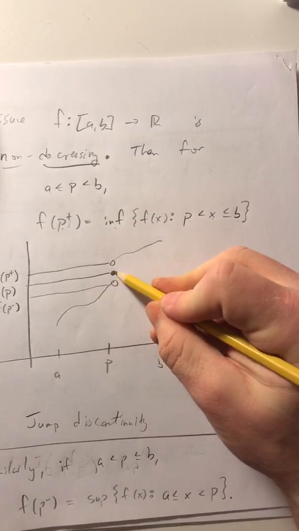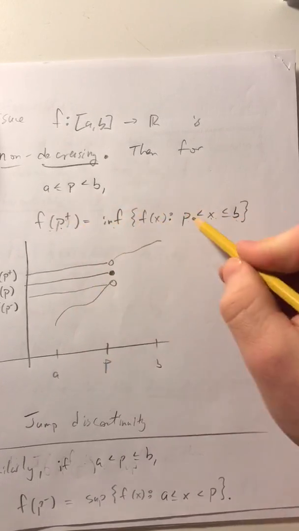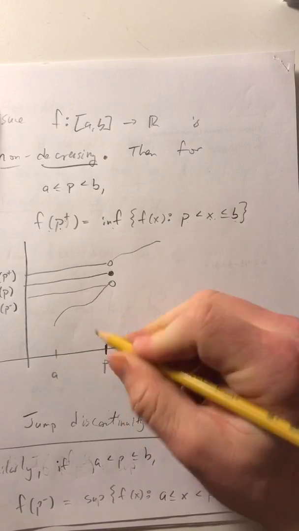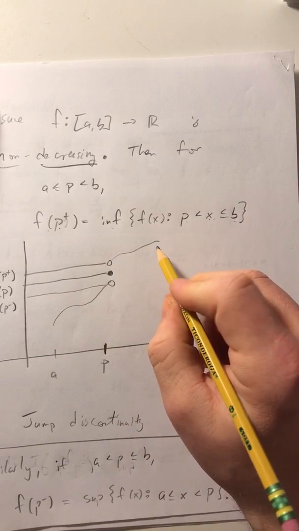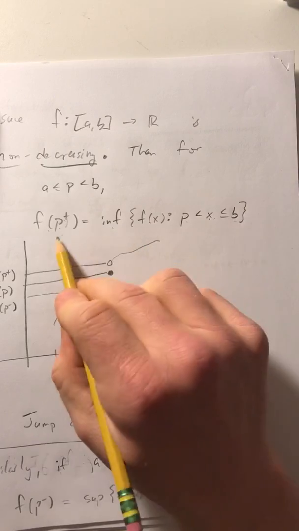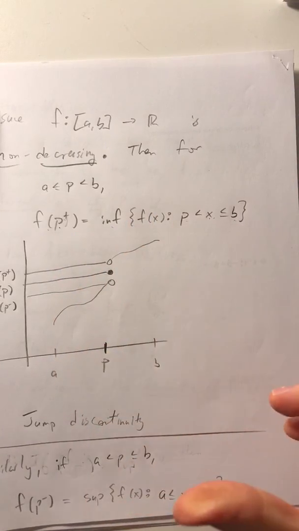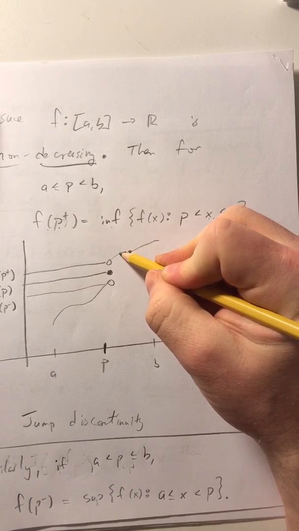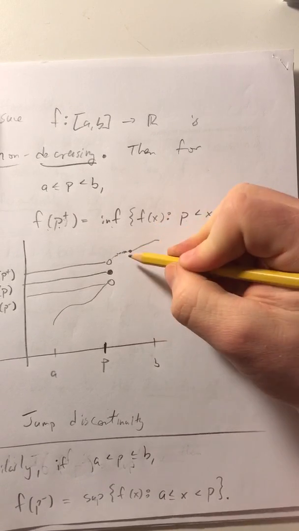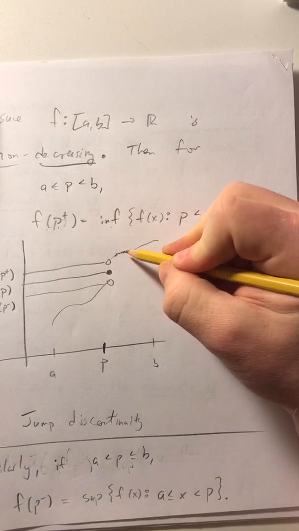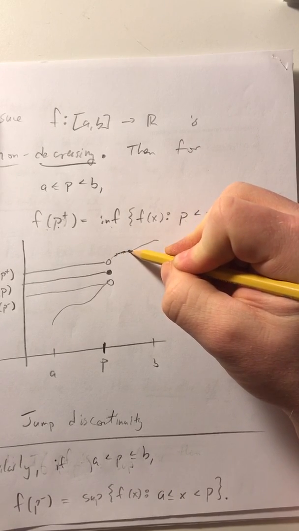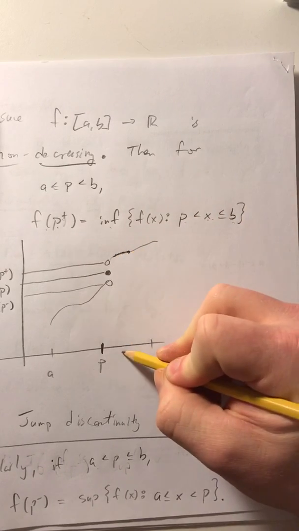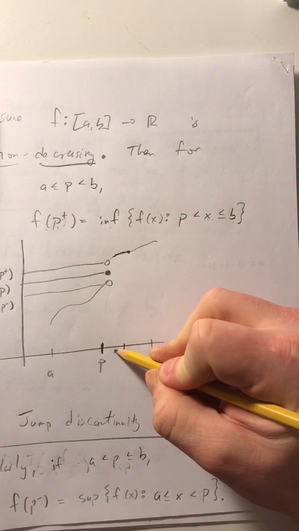So let's understand geometrically what this is telling me. If I look here at p and I want to know the limit from the right, first of all, this is saying that the limit exists, and it's saying that if I look at x's that get closer and closer to p from the right, the x values are getting smaller as I get closer to p.